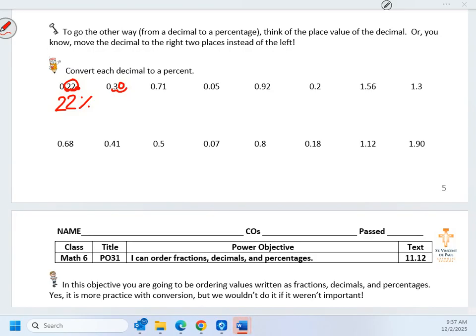So you cannot forget that 0 in that hundredth place. We can't call 0.3 3% because 3% is very different than 30%. Okay, you have to remember those zeros. You have to make sure those decimals go out to the hundredth place. If there's nothing there, fill it in.